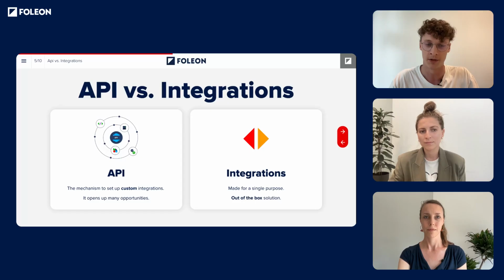So an API is usually a mechanism to set up your own custom integration. Native solutions are very easy to use and easy to implement, and API integrations are far more customizable, far more flexible, and thus open up a lot more opportunities for your specific use cases. So there's a lot of overlap, but the API is a little bit more in-depth in that sense.